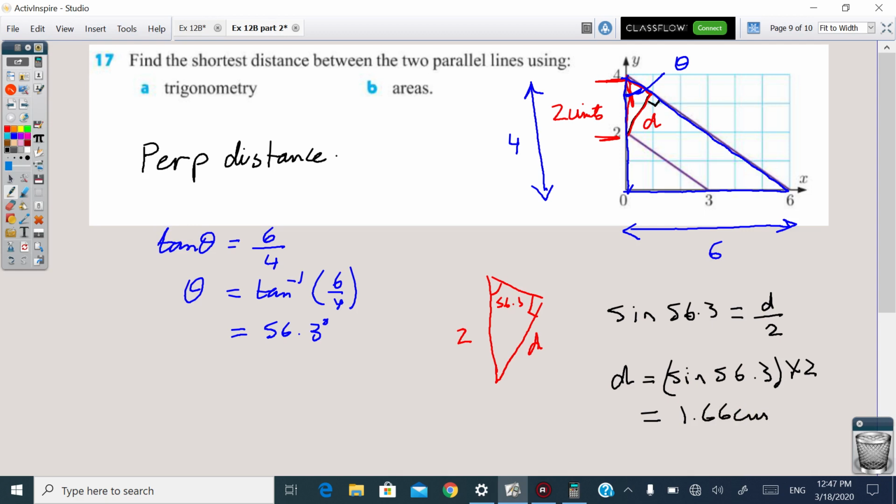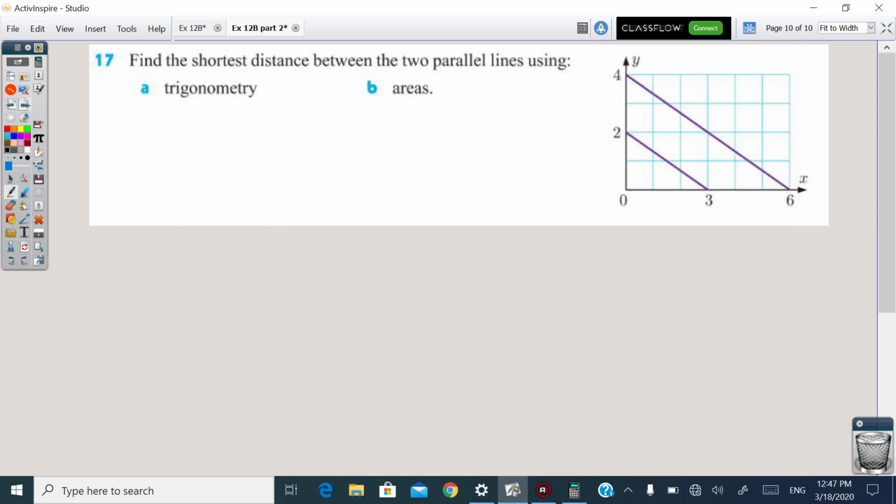Now this is based on trigonometry. If we want to do it using areas, then we can consider the big triangle, and we want to calculate its area. This distance is 6, and this distance, which is the height because this is a right angle, is 4.